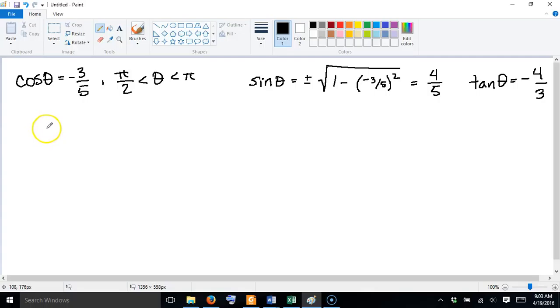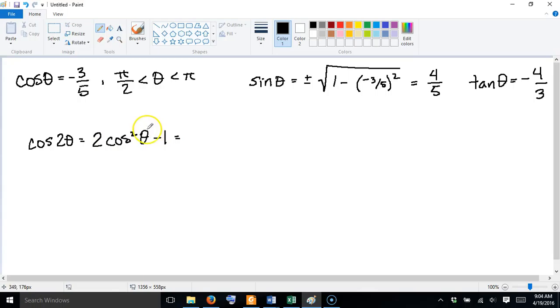Now let's apply all of our double angle identities. First, we are asked to find cosine of 2 theta. If we apply one of the identities, cosine of 2 theta is equal to 2 times cosine squared theta minus 1.